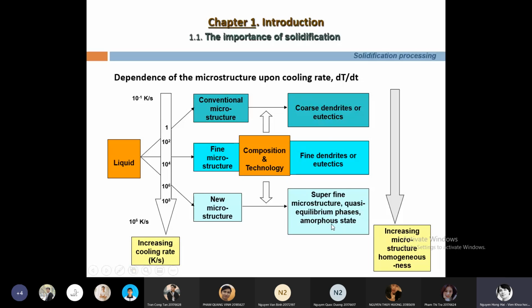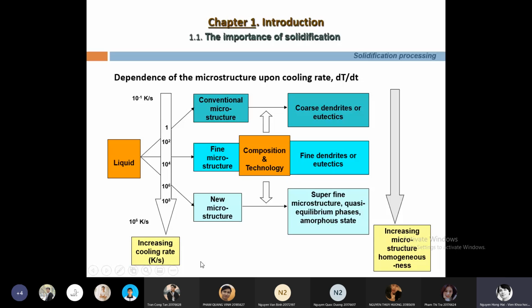No crystal. The structure is in the amorphous state because the cooling rate is very high, very short time for solidification, and the crystallization does not have time. No time for crystal to form. Okay, so we have some amorphous.